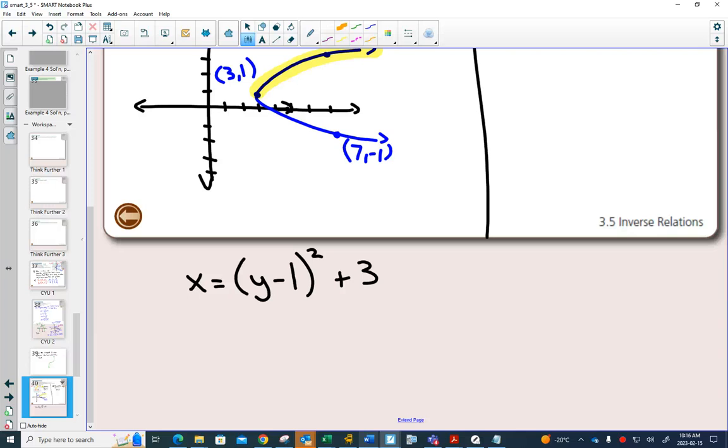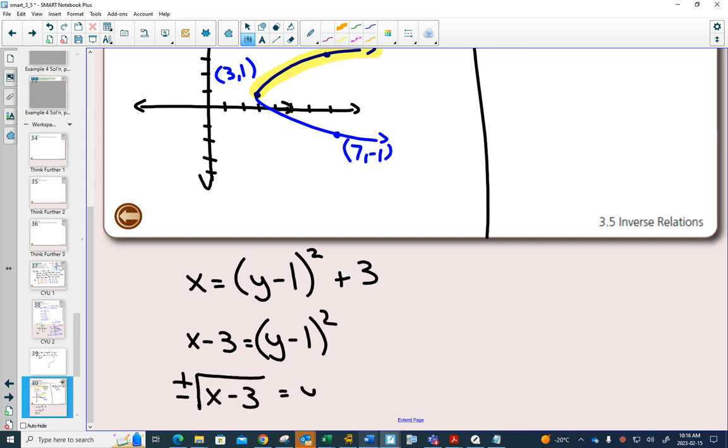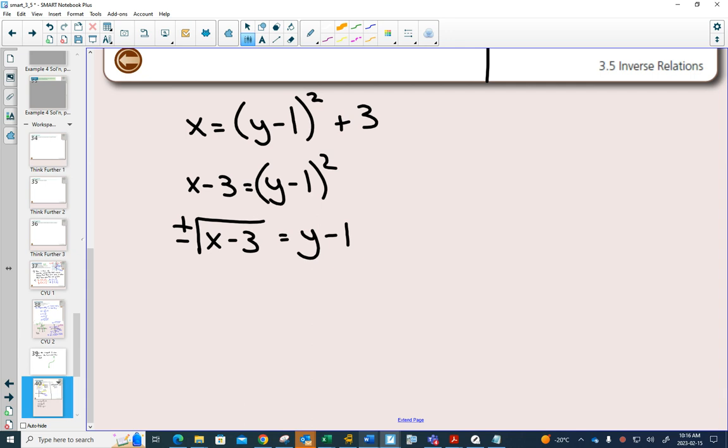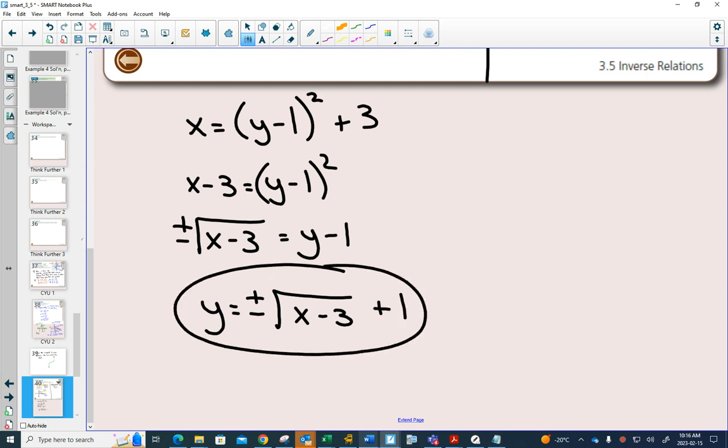So I'm going to first get the (y minus 1) squared by itself. And I can get rid of the squared by square rooting. And if I add 1 to both sides, I get y by itself. This is the equation for the complete inverse.